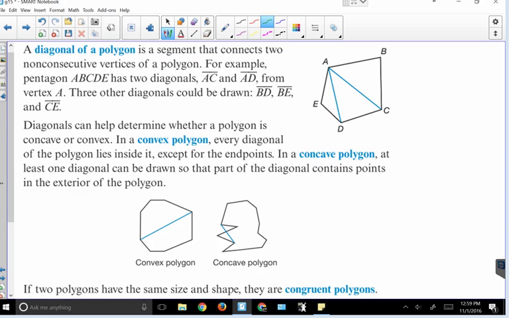So that means it is not convex, it is concave. I would definitely make sure that you have it written down so that you know what a convex and a concave polygon look like. It'd be a very, very good idea to have. You don't have to draw the shape exactly. You just got to give yourself an idea of what it is.